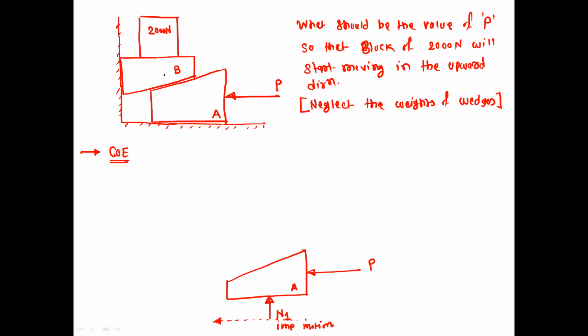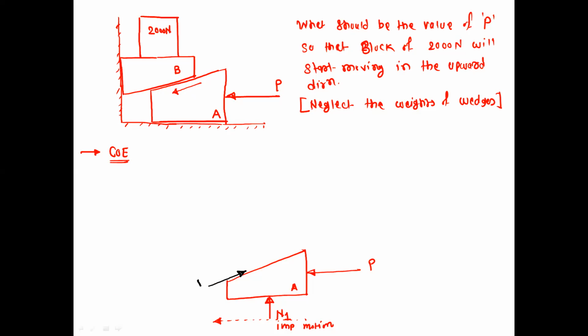Now wedge A is in contact with wedge B. This is the sliding motion of wedge A relative to wedge B, and therefore the friction force at this contact will be in the opposite direction. So this is the friction force, offered by wedge B to wedge A.